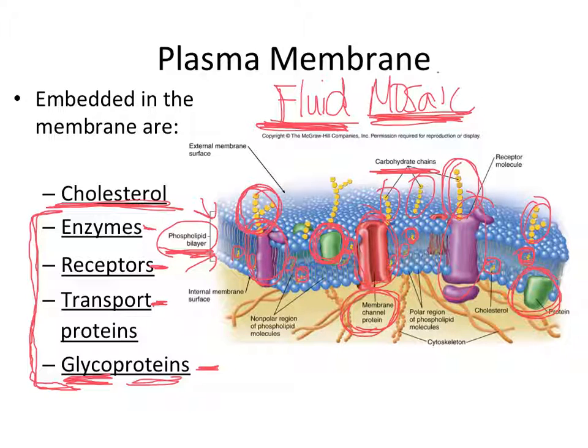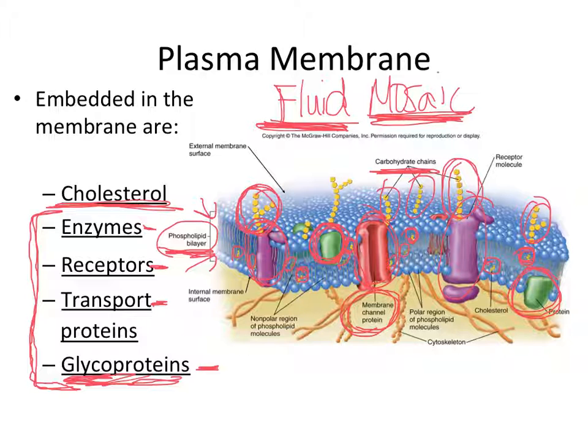For example, in the immune system, your white blood cells know the body's own cells. And when a different type of cell, like a bacterial cell, invades the body, it can tell that that bacterial cell is foreign. That's because they would not have the same glycoproteins that self cells have.